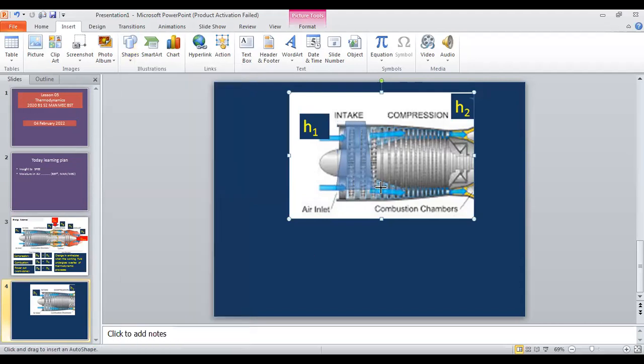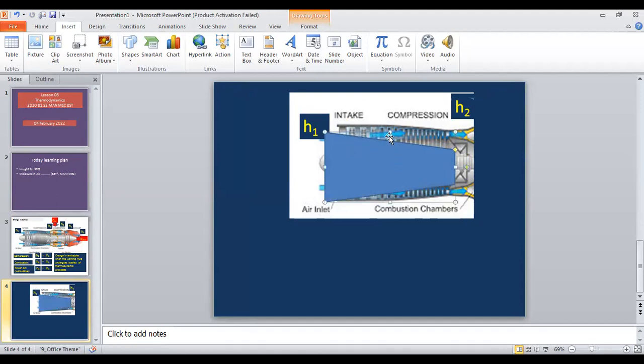Even the shape here you can see, almost like this, reducing the volume, squeezing.